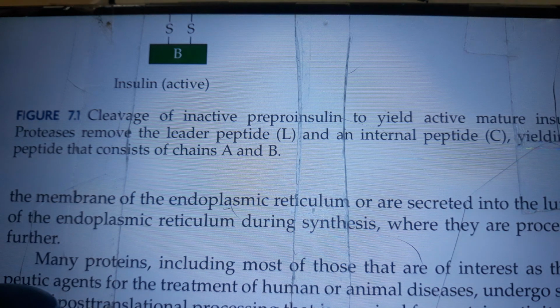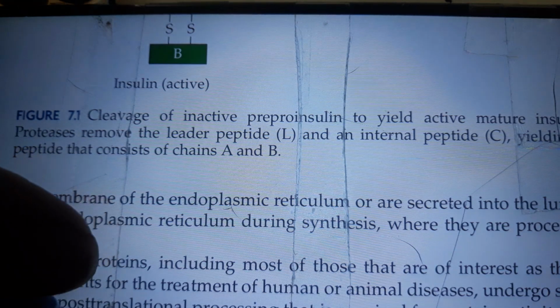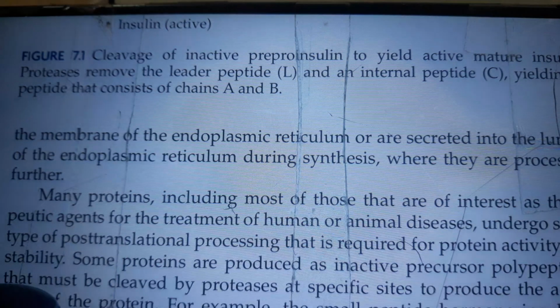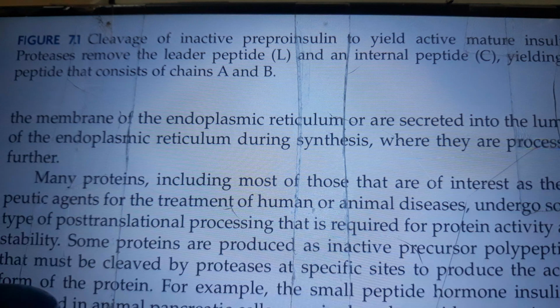Proteases remove the leader peptide L and an internal peptide C, yielding a peptide that consists of chains A and B. Now to the subject, the membrane of the endoplasmic reticulum are secreted into the lumen of the endoplasmic reticulum during synthesis, where they are processed further.